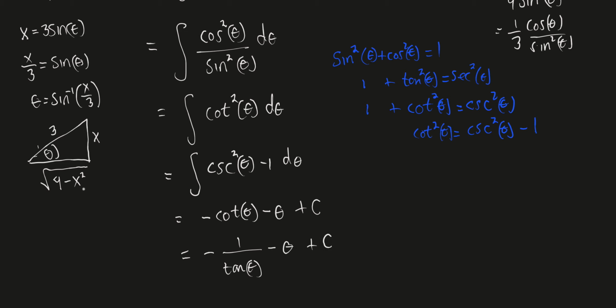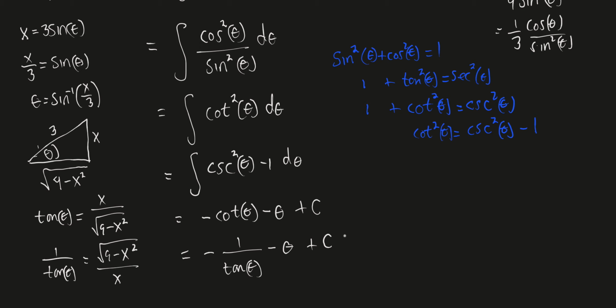Based on the triangle, tangent theta is opposite over adjacent, which is x over the radical, and therefore 1 over tangent theta is the reciprocal of this. So it's the radical of 9 minus x squared over x.